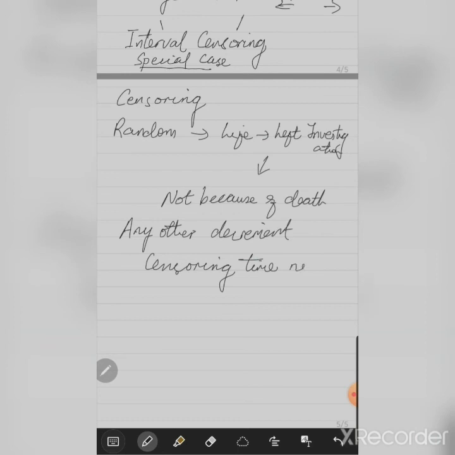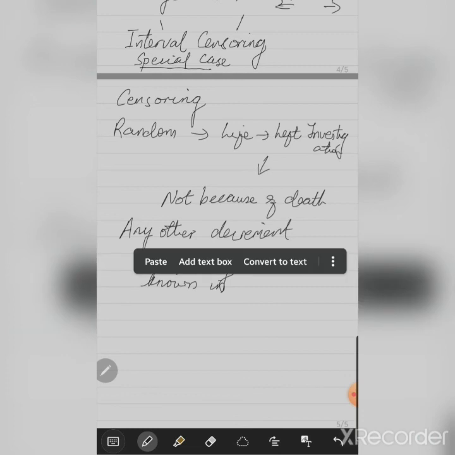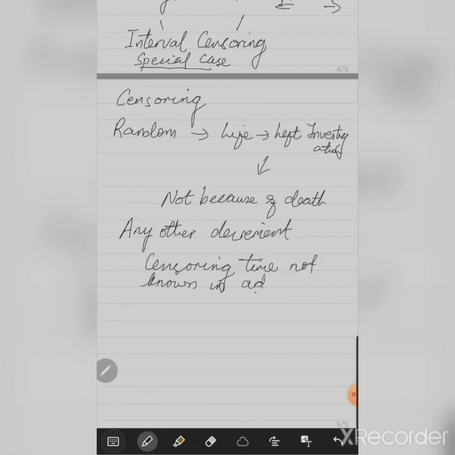Probably when I'm looking at sickness or death because of sickness, it might so happen that the person who has left the investigation, we don't know why.